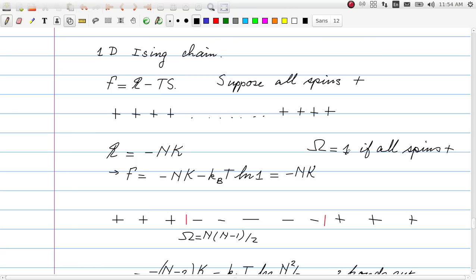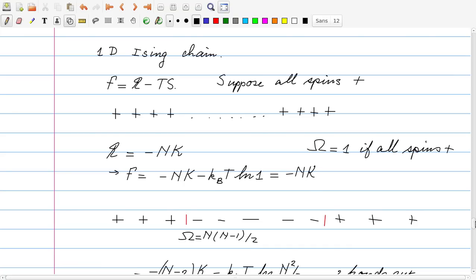So there was only one configuration, and that configuration has an energy of minus nK, that's the bare coupling constant without 1 over kBT, and that is because there are no domain walls. I just have minus nK. So that's very favorable for the energy, and the entropy in this case doesn't lower it further because the entropy is ln times the number of possibilities, but there is only one possibility and ln 1 is 0, so the free energy is just minus nK.